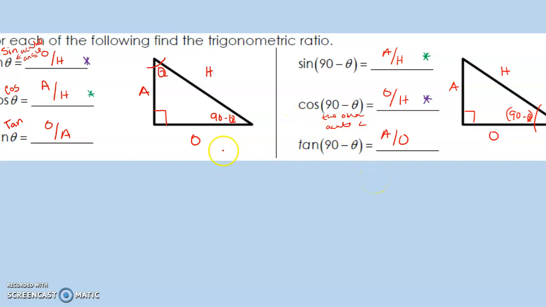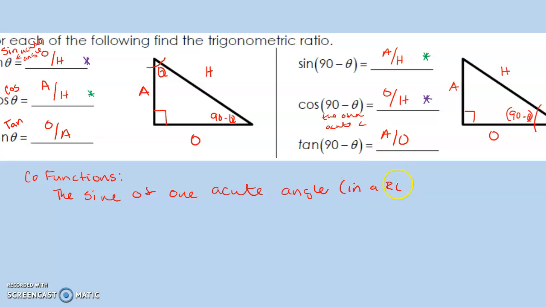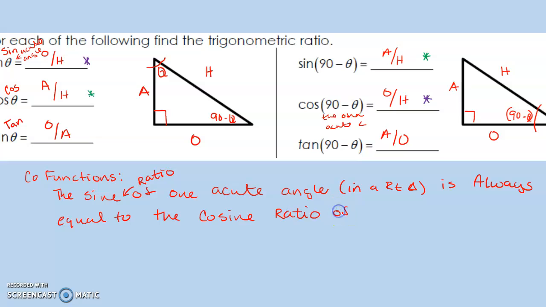And that's what we call our cofunctions. So for our cofunctions, we want to say the sine of one acute angle in a right triangle is always equal to the cosine ratio of the other acute angle.